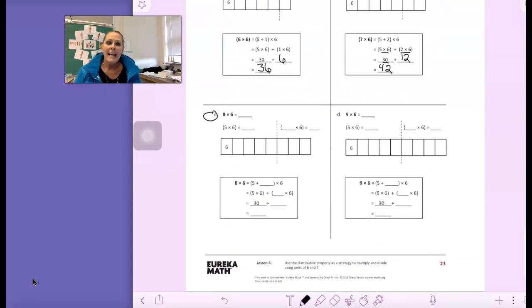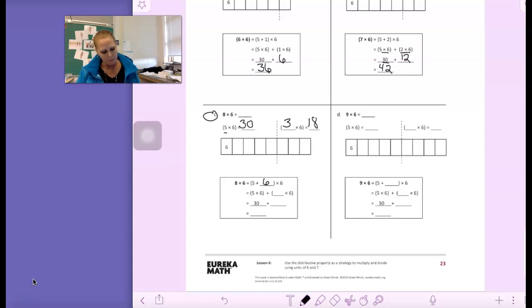Let's take a look at 8 times 6. We have 8 sixes. If we pull 5 of them out, 5 times 6 is 30. We have 3 sixes left, which is 18. Down here, we're going to fill in 5 times 6.